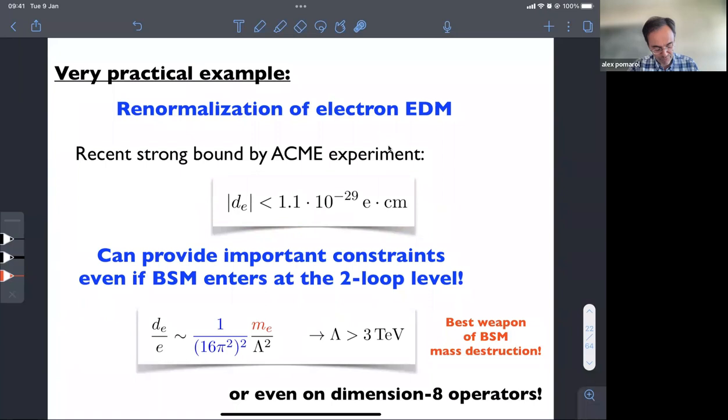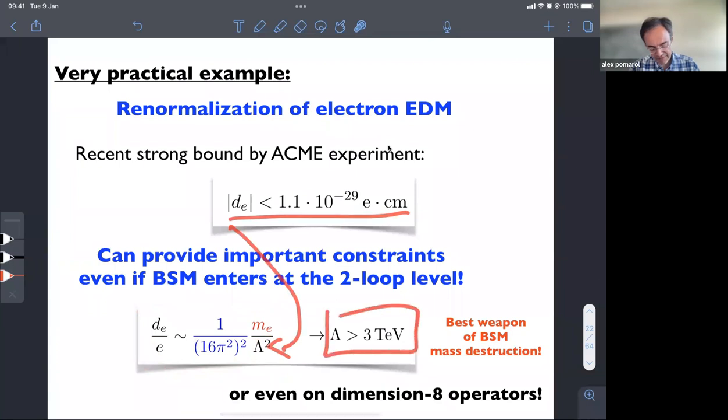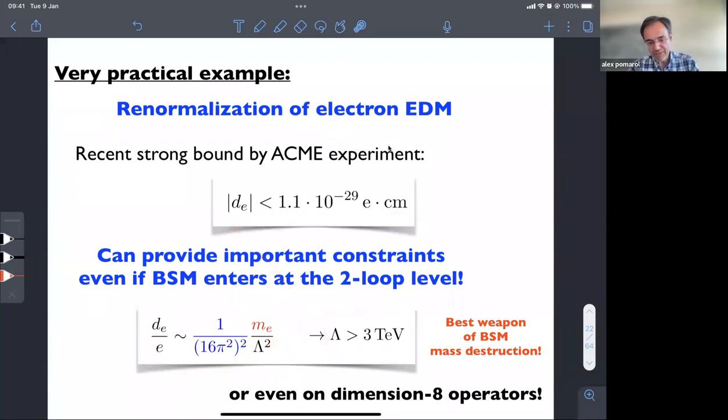And if we have new physics, of course, we can generate it even at the two-loop level. If I put lambda, something like a two-loop level here, I have a contribution from new physics at the two-loop level. I can estimate what the bound on lambda is today with this bound, and I get that lambda should be larger than 3 TeV.